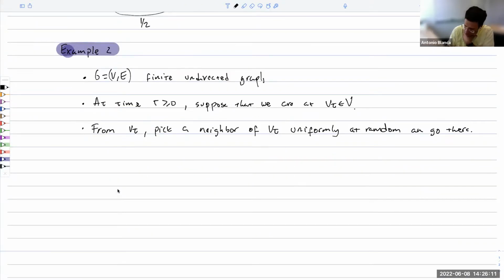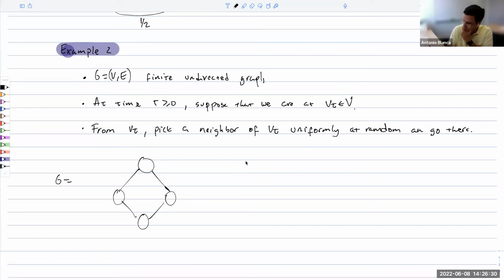For example, if your graph looks something like this, from every vertex you have probability 1/2 of going to one neighbor and probability 1/2 of going to the other neighbor, because every vertex has exactly 2 neighbors.